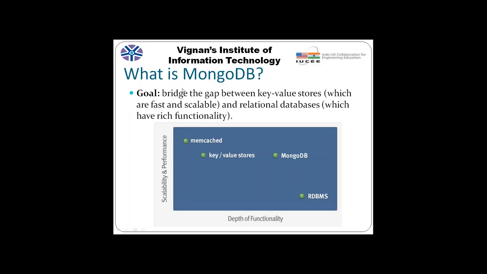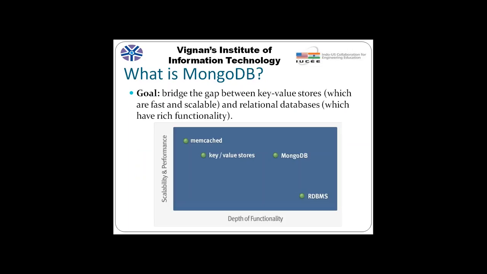Again, the basic goal of MongoDB is to bridge the gap between key value stores, which are fast and scalable. Discussing the key value pair, we are already aware of the key value mechanism with concern to MapReduce functioning.